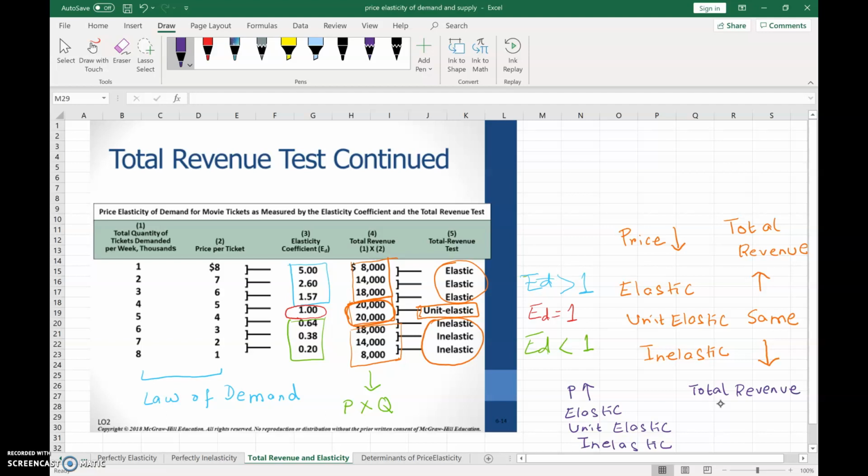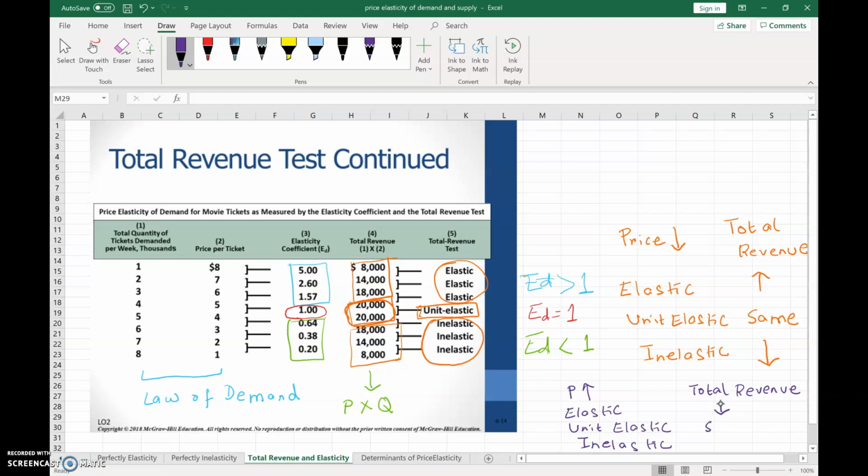So when price is up and the demand is elastic, total revenue will move in the opposite direction. For elastic demand, price and total revenue go in opposite directions.